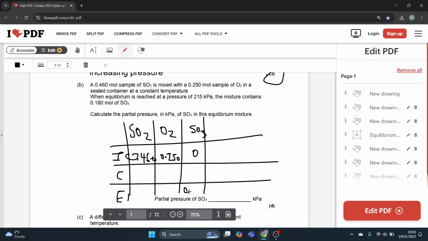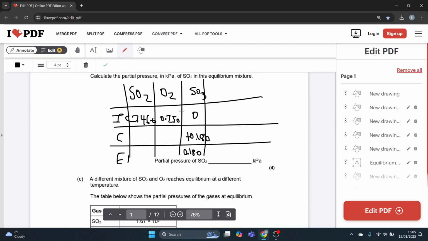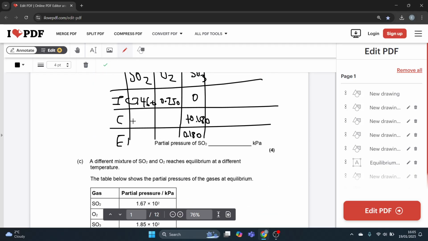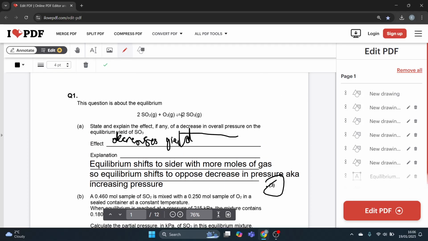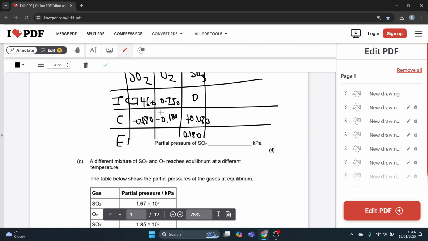Then I've got 0.180 of SO3, so I've added 0.180 moles, that's the change. Therefore for SO2 I'm going to minus 0.180. So 0.460 minus 0.180 is 0.28.